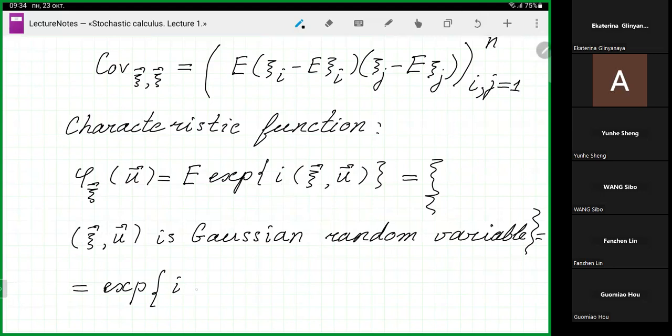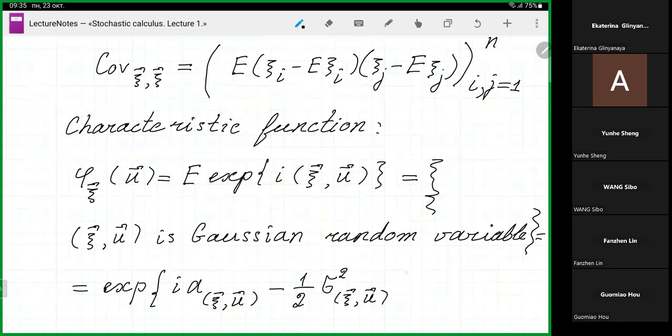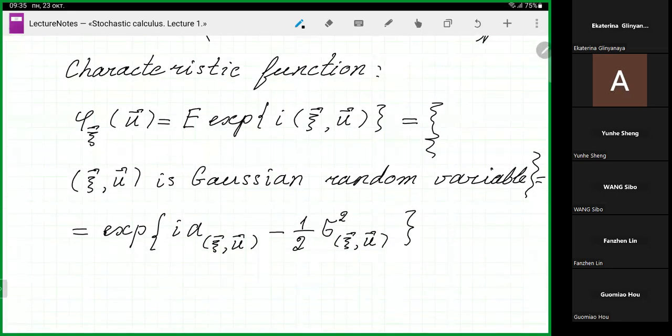So here we will have expectation of psi u, and the 1/2, and here is sigma variance of psi u. So to get the answer in terms of the initial vector xi, we need to calculate these two objects.